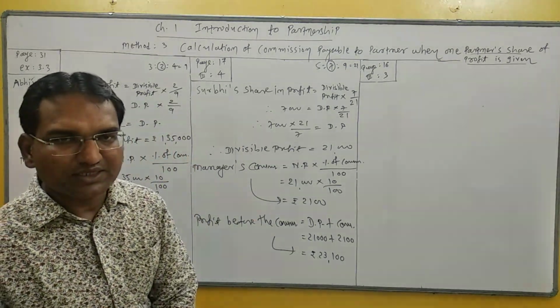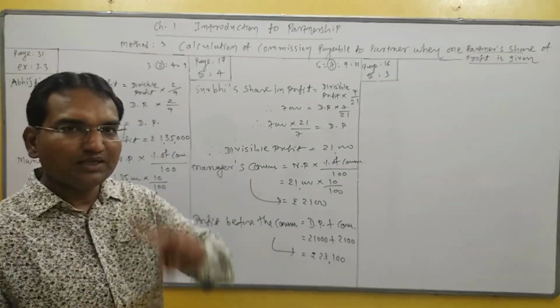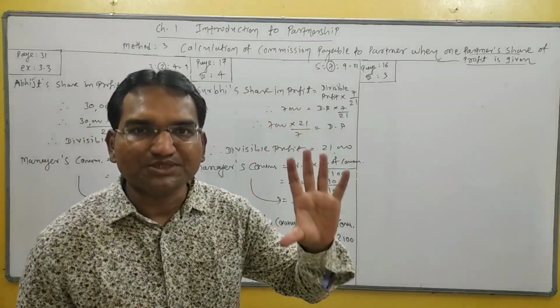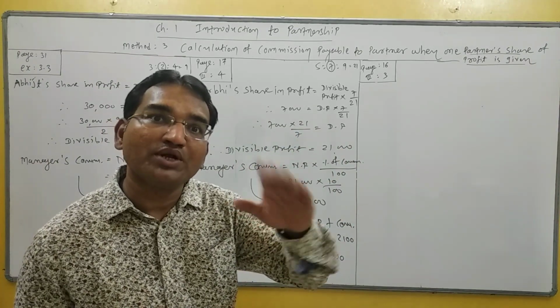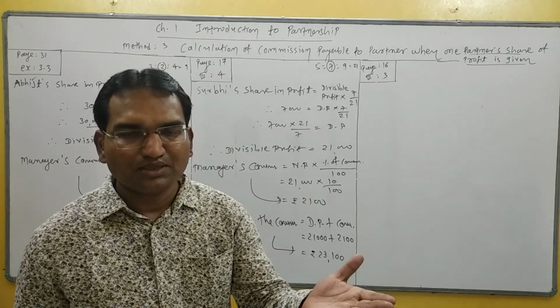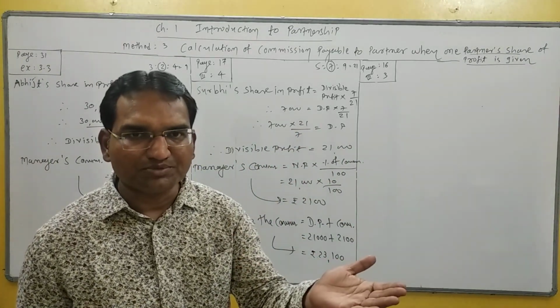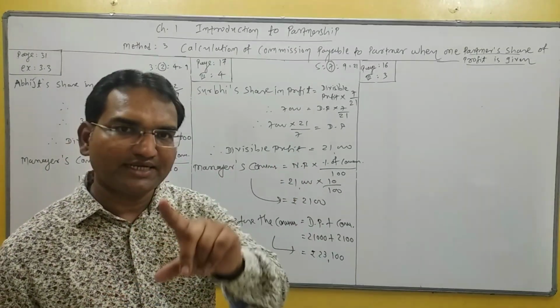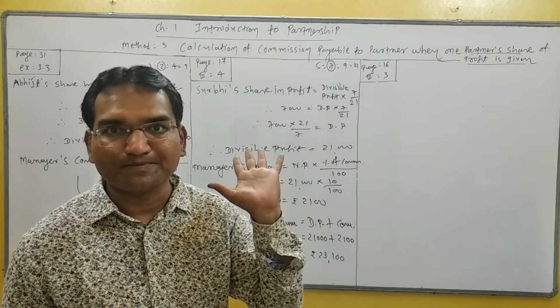Now I will try to clear your concept. In method 2, the total profit of the firm is given, and this profit is always before deduction of commission. If profit before deduction of commission is given, in that case 10 by 110.